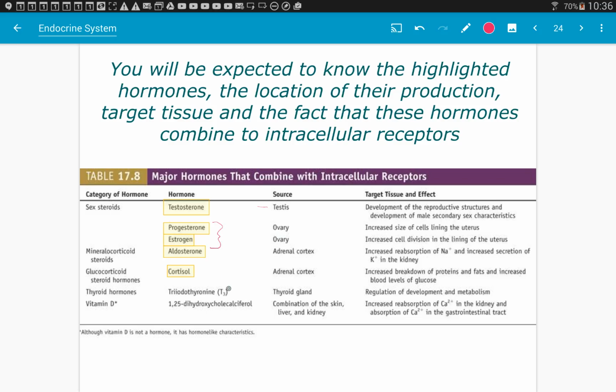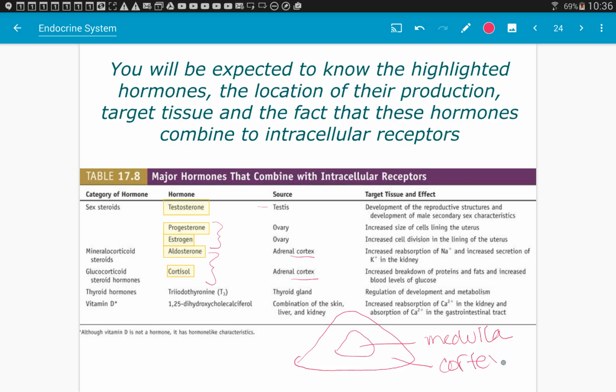And then we have 2 that are made in the adrenal cortex. So the cortex is the outermost layer. Okay, so like if we draw a really awful adrenal gland, here's the center. The center we call the medulla. And the outermost layer is the cortex.